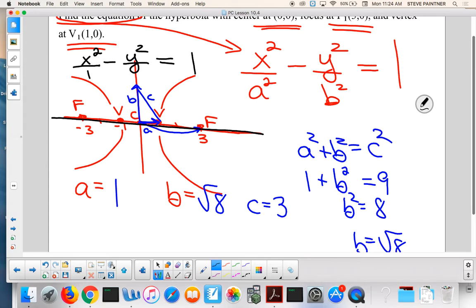Square the B. That's just 8, right? Good. I don't need the 1 on the bottom. If you just want to say x squared minus y squared over 8 equals 1, that's fine. The sketch was just put on paper to help you see it. So many people are visual, so you got to do this. I mean, most of you have to do this, okay?